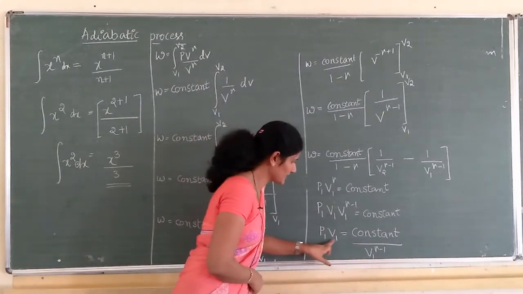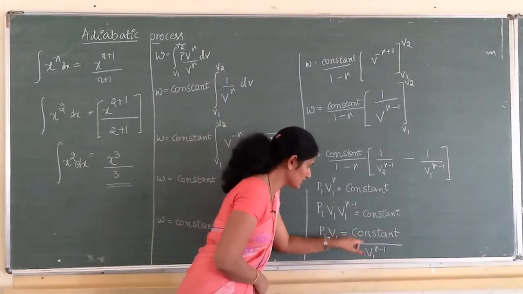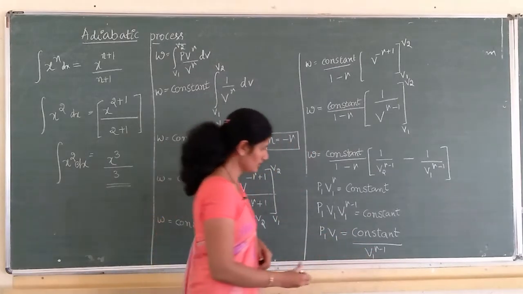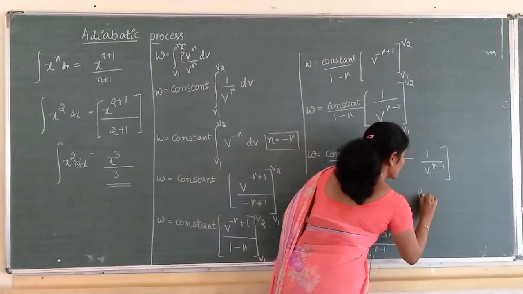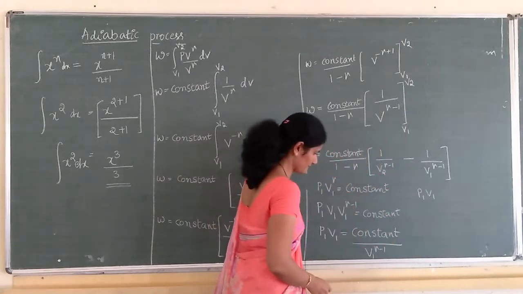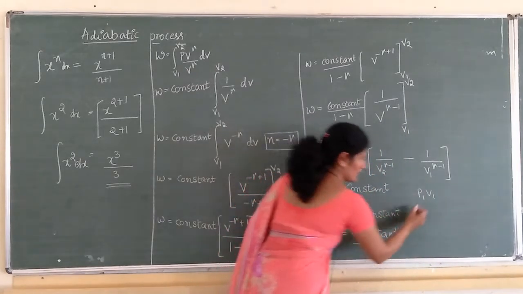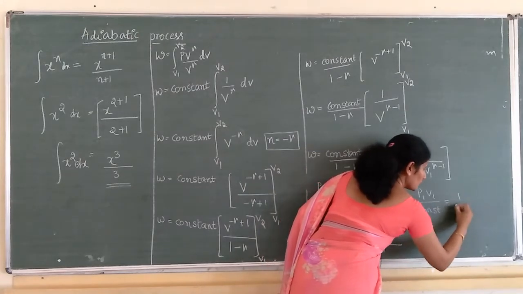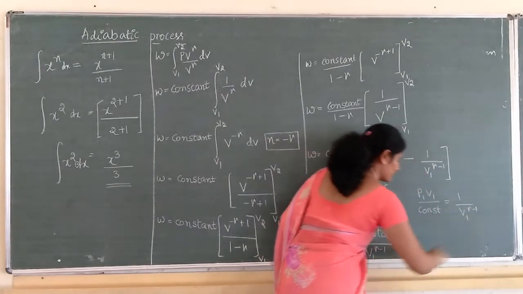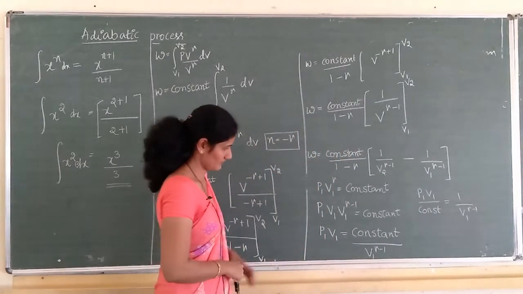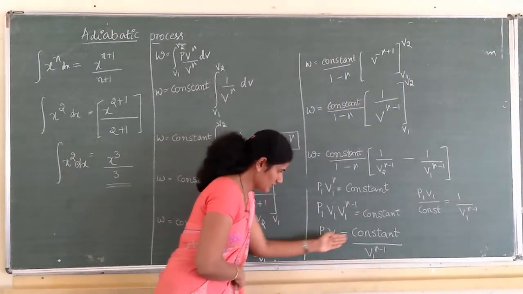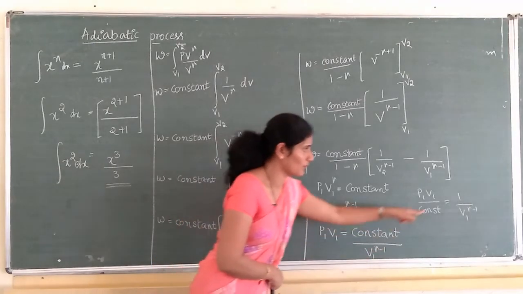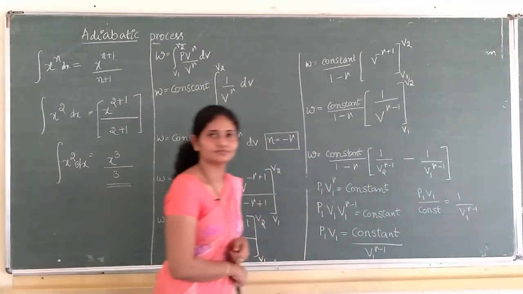Or p1 v1 divided by constant is equal to 1 by v1 to the power gamma minus 1.